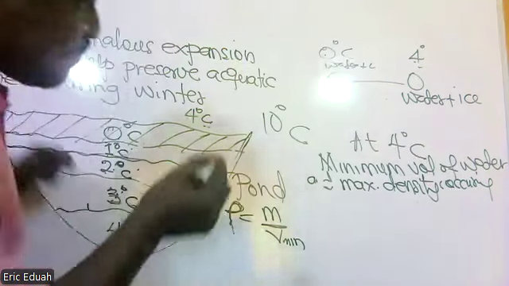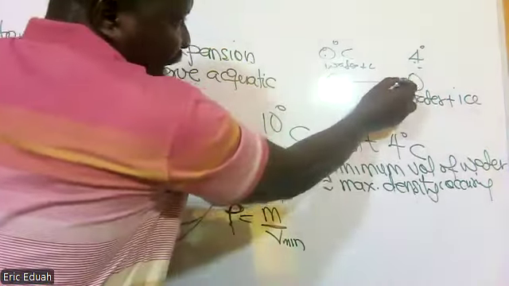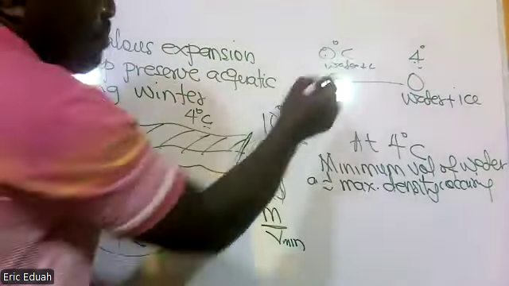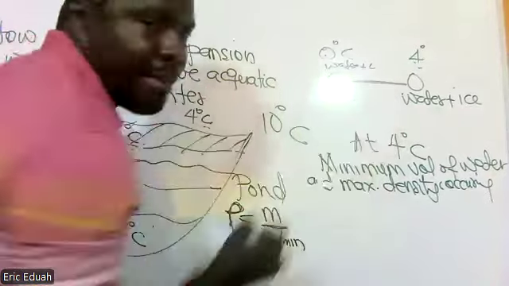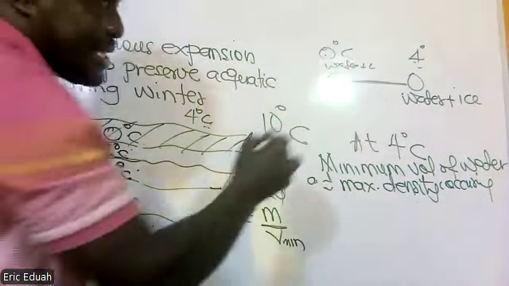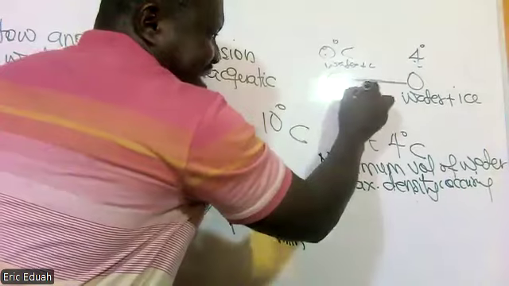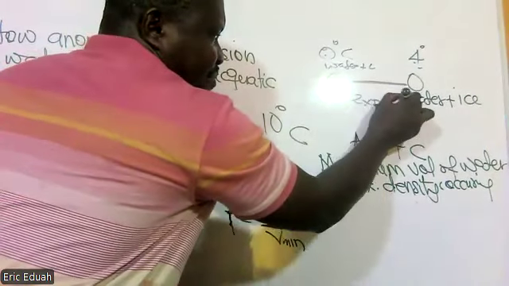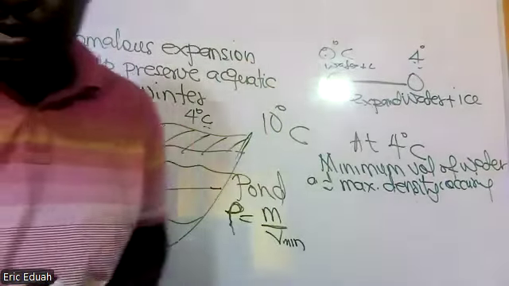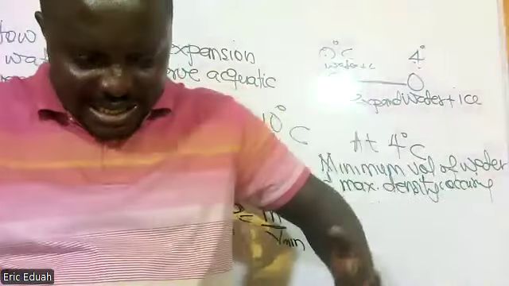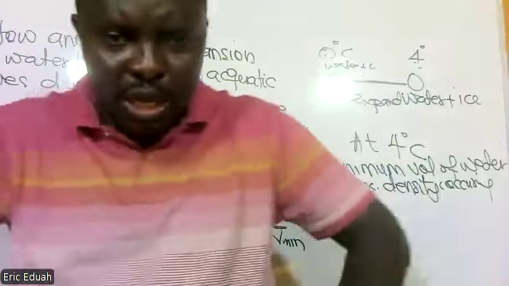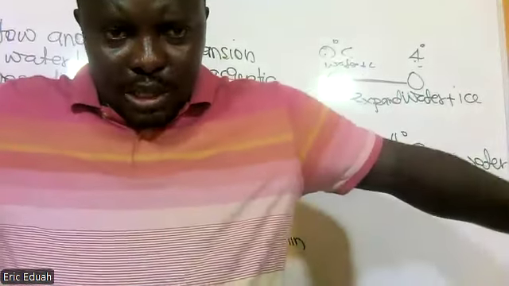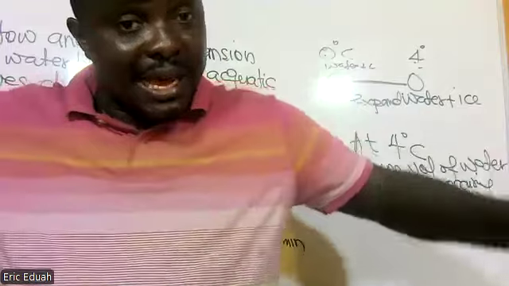So look at it. By the time we have complete ice, because water is within its abnormal or unusual state, which is expanding, by the time we have complete ice, it has expanded from 4 degrees Celsius to 0 degrees, complete water, complete ice.